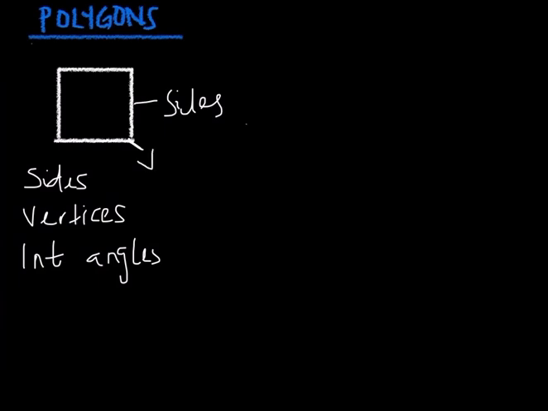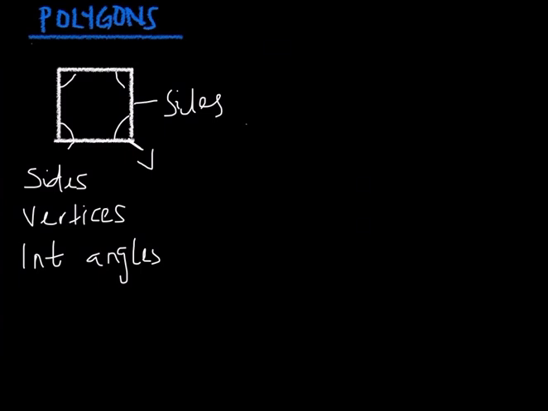This point where the sides meet, these are the vertices. And then the interior angles are the angles that are inside the shape. Now inside this shape, there's an angle here, there's another angle here. These angles are known as the interior angles.